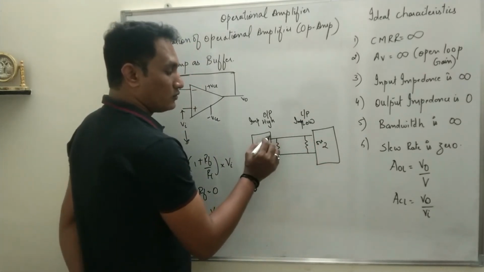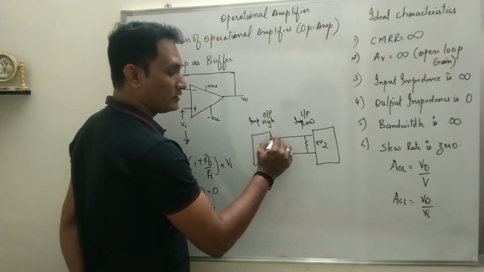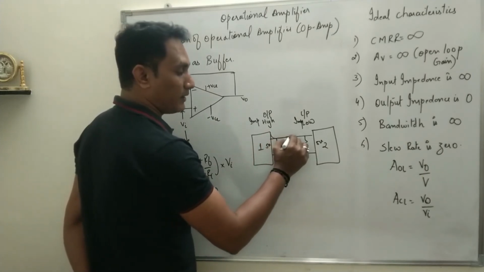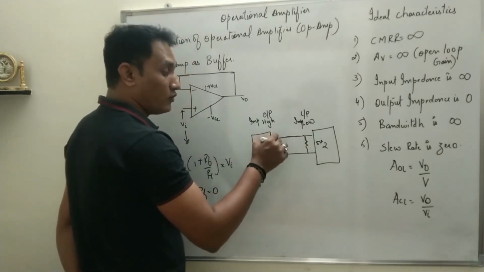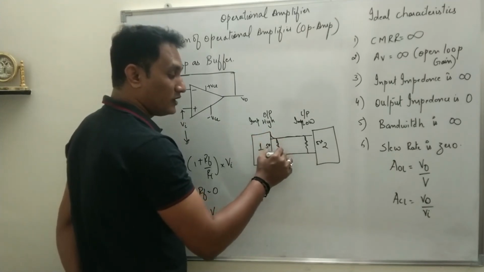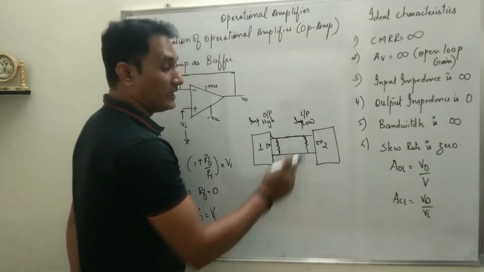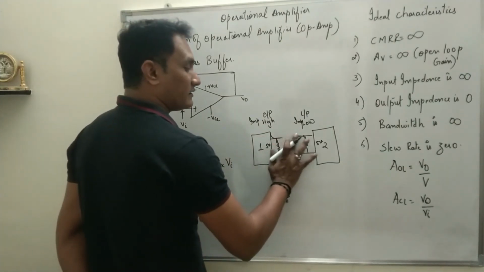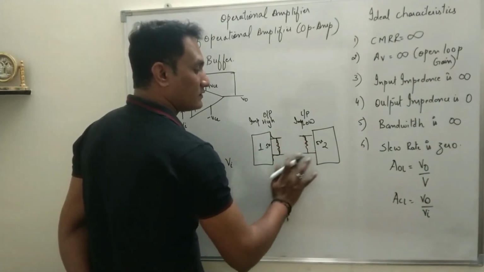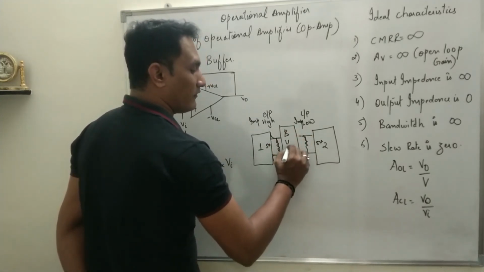As the output resistance of this circuit is very high, the current which has to flow through the output of circuit 1 gets a parallel path with low resistance, and it will flow through the input of circuit 2, which can damage the input circuit also. So these two circuits cannot be connected directly, so they are connected through a circuit called a buffer.